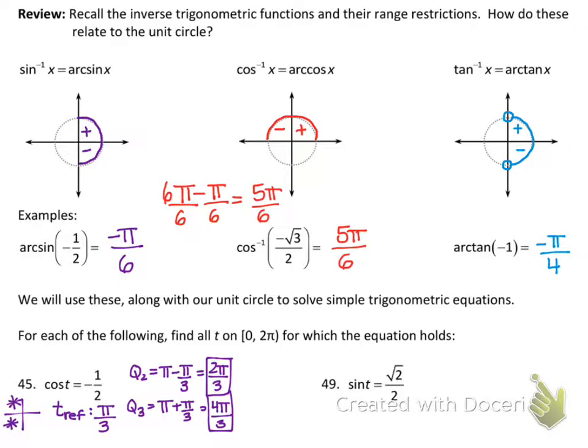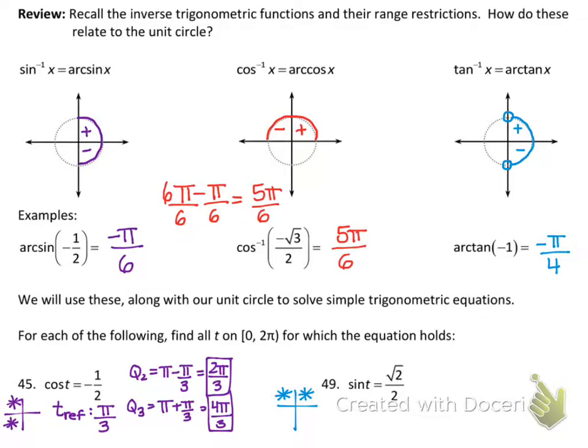For 49, we have positive sine. So where is sine positive? Sine can be positive in quadrants 1 and 2. So in this case, my reference angle in quadrant 1 is going to be one of my answers because I want to be in quadrant 1.